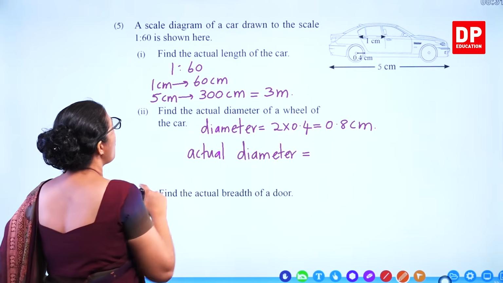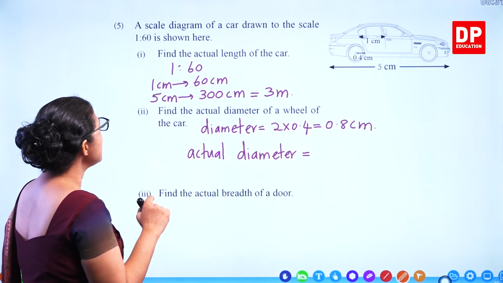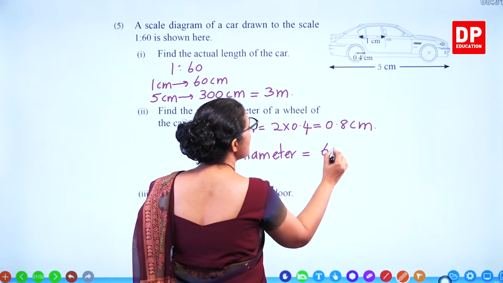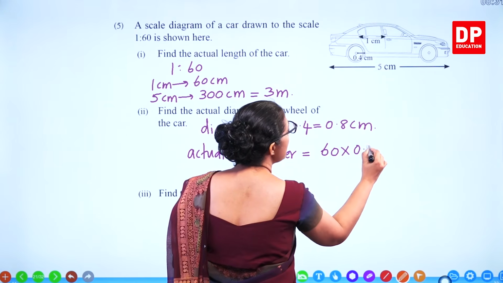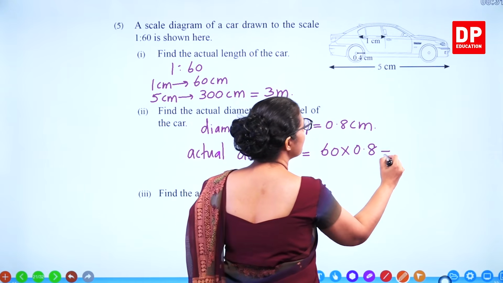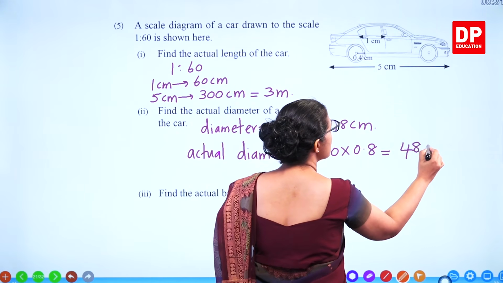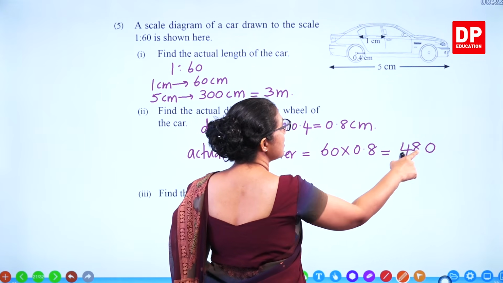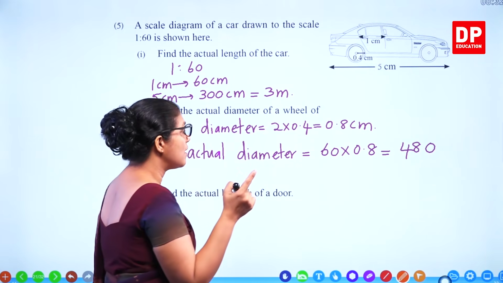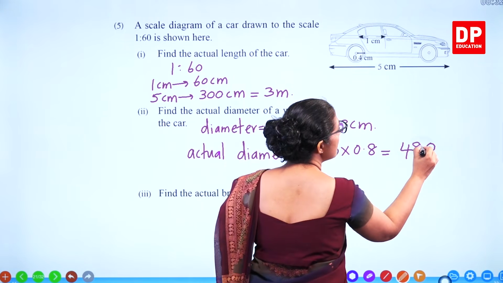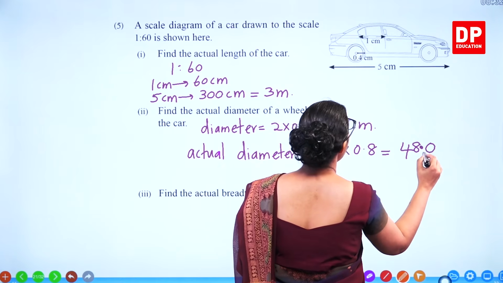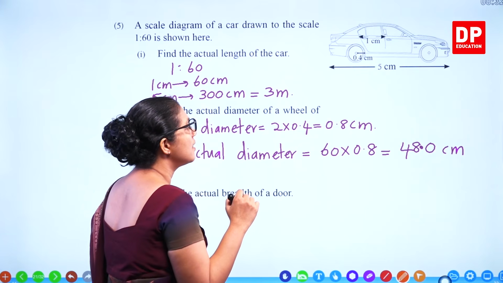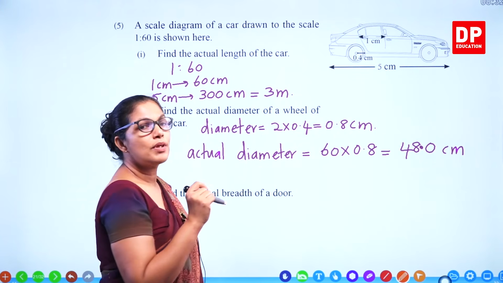So this is 1 centimeter represent 60. So 60 times 0.8. 8 times 6, 48, 480 altogether. Keep 1 decimal point. So 48 centimeters is the actual diameter.